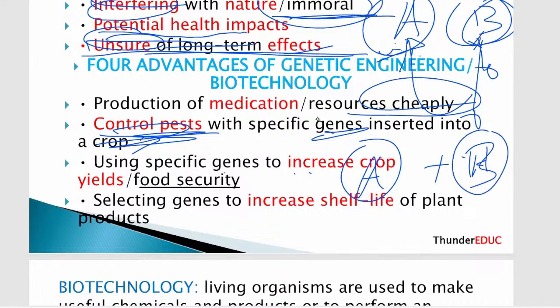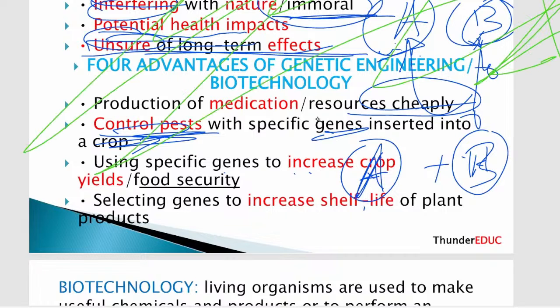But plant B can sustain a drought, or it can produce a lot of food but stays longer, while plant A doesn't produce a lot of food, but it can grow faster.